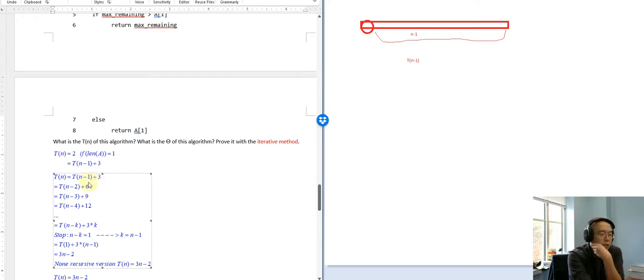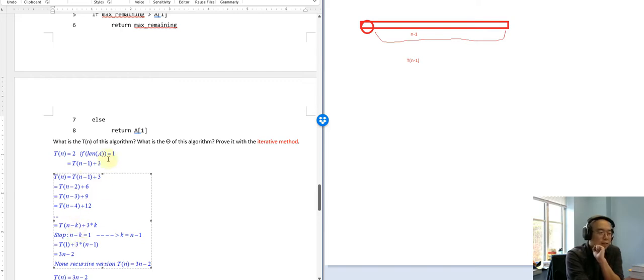And then if we want to keep on reducing the size of the subproblem we want to solve, and reduce again and reduce again, what you will find is that every time we reduce the problem size by one, there will be a constant cost, which is 3. So we reduce and reduce, and then where is the end?